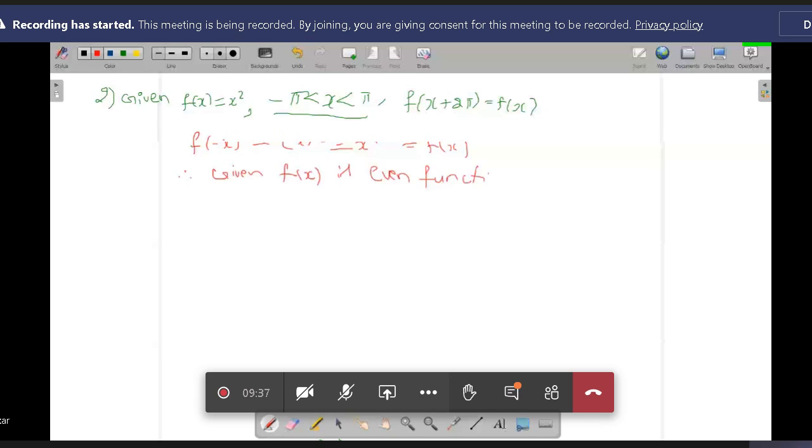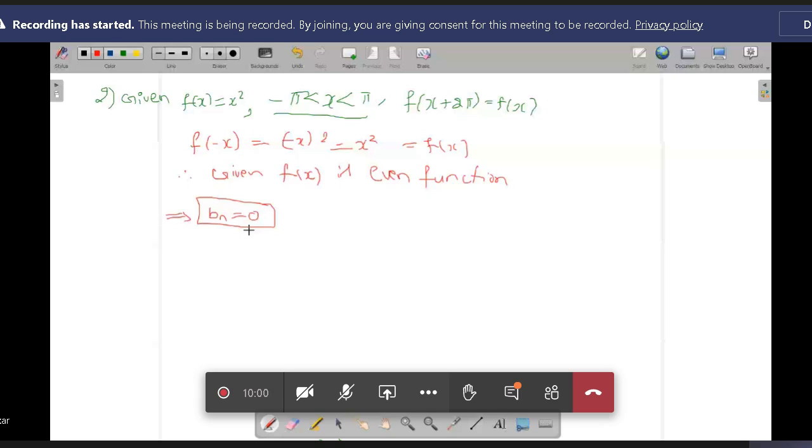When it is even, in the Fourier series an even function obviously contains only cosine terms. It does not contain any sine terms. So that means Bn is 0. The coefficient of sine is 0.